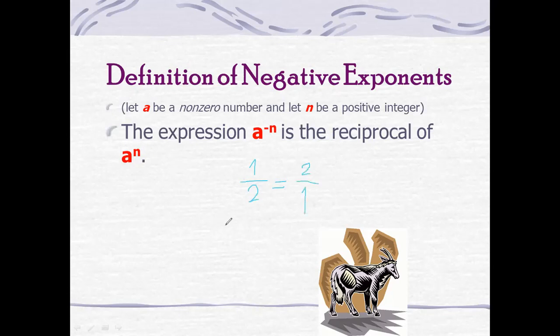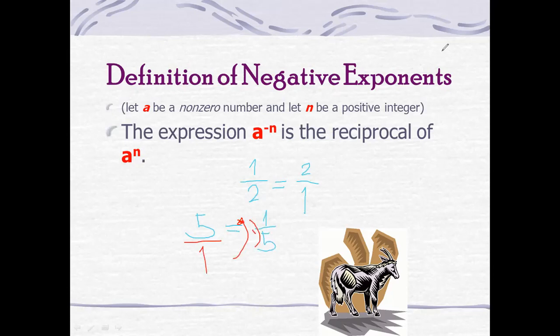Or if you have a whole number, for example 5, the reciprocal of 5 is 1 over 5. Why? Because a whole number is presumed to have a denominator of 1. So if we find the reciprocal, we swap the numerator and denominator, and that is 1 over 5.